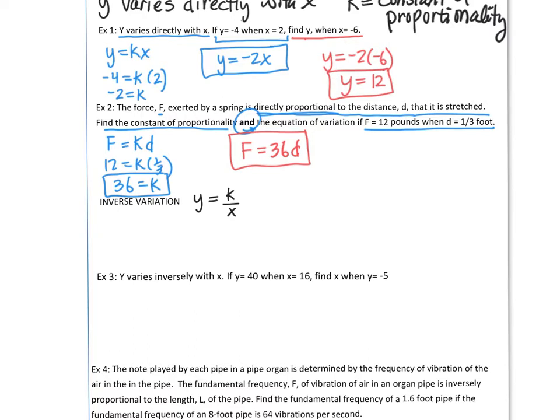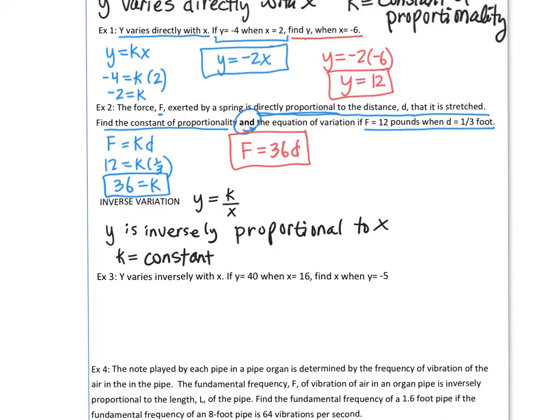The wording for this would be y is inversely proportional to x, and k is still our constant of variation. That's the same in all of these. Our constant of proportionality, our constant of variation, same thing.